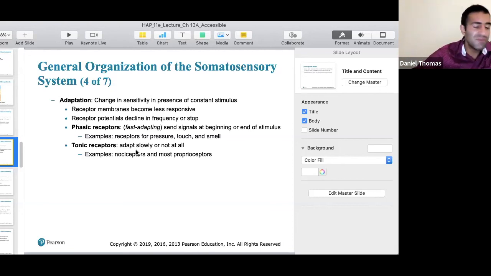And next is going to be transduction speed. We talked about that idea of myelination. Basically, what this means is that the more heavily myelinated a sensory neuron is, the faster information travels to the brain. If it is heavily myelinated, it's going to go to the brain really fast.